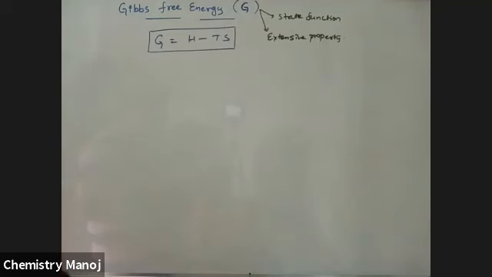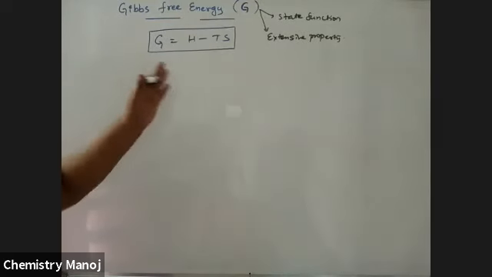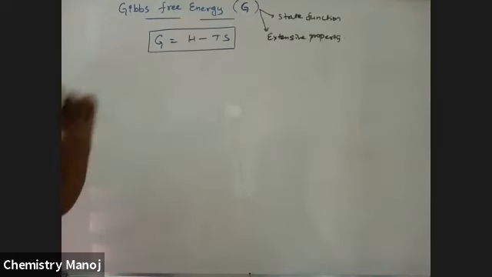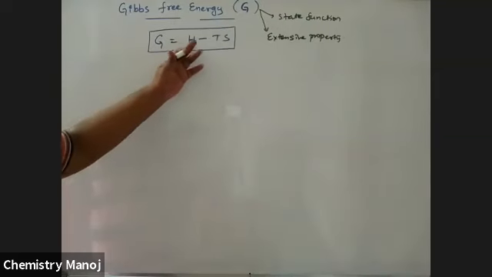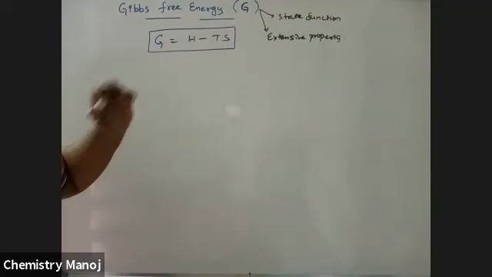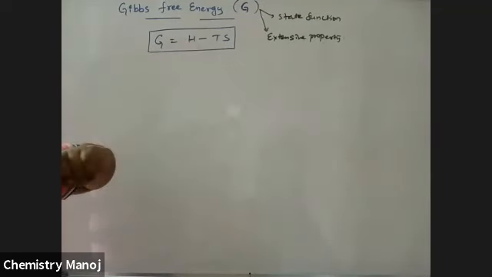So now I am taking the delta G function. It is not possible to calculate the G value because it is not possible to calculate the H value and S value. So we can calculate delta H and delta S. By using that, we can calculate the delta G function.